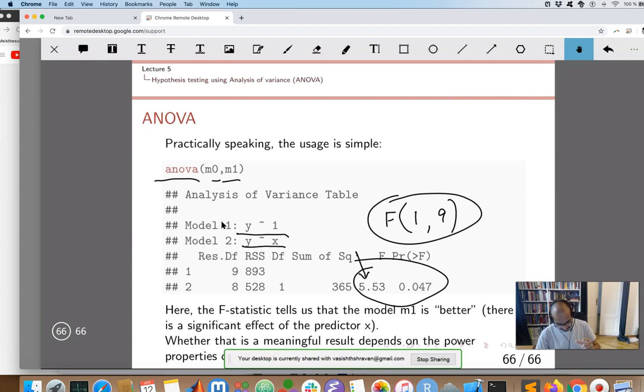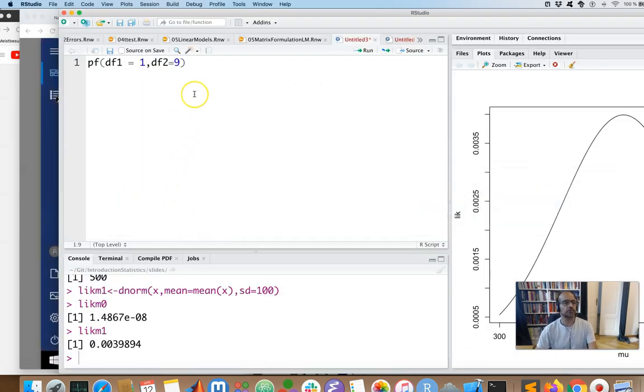My observed F statistic is 5.53. And my reference distribution is an F distribution with 1 and 9 degrees of freedom. And what I want to know is the probability of getting 5.53 or something more extreme. So I'm going to use the QF function, 5.53 or something more extreme. That means lower tail equal to false.